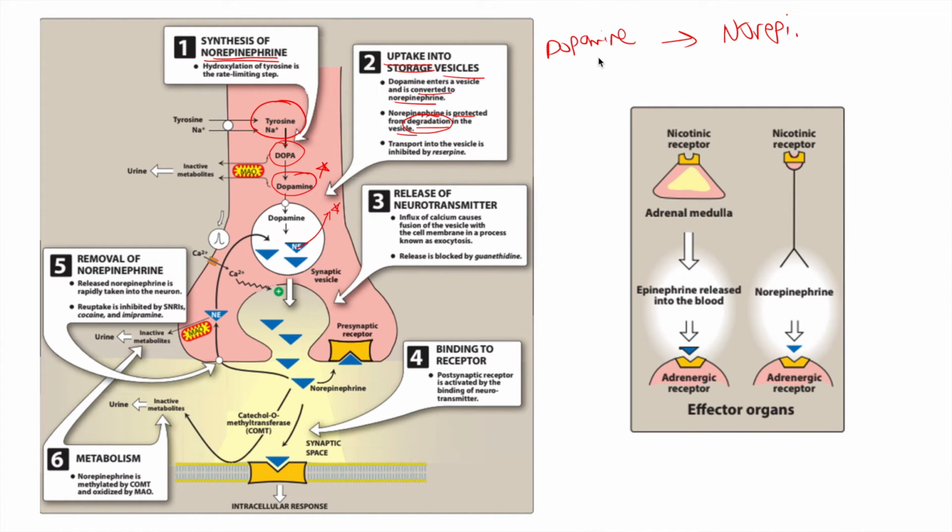Therefore, dopamine became the protector of norepinephrine, put it into the vesicle without anybody knowing, and now norepinephrine is safe. See, because what happens is if this dopamine is caught by all these police officers walking around right here, then the transport into the vesicle is going to be inhibited. Now, what are these police officers? They're known as reserpine.